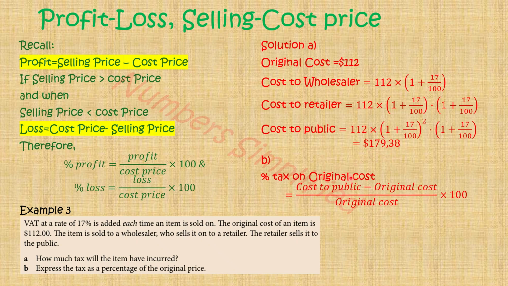Now we subtract the original cost of 112, all over the original cost, times 100. So if we substitute for this, we are going to get $179.38 minus $112, all over $112, multiplied by 100. That would give us 60.2%. So that would be the tax as a percentage of the original price.